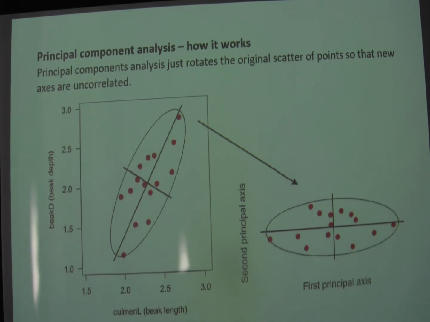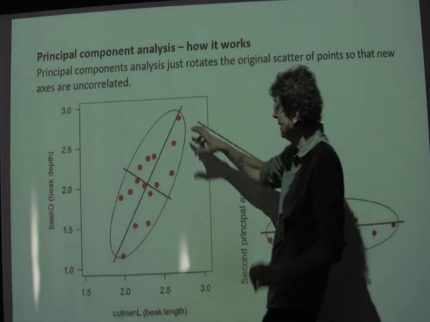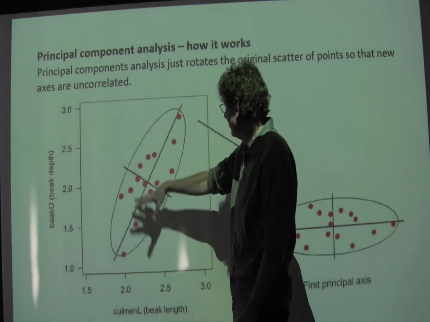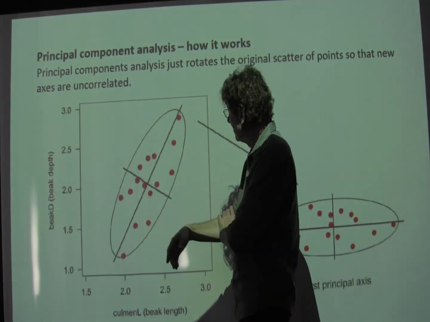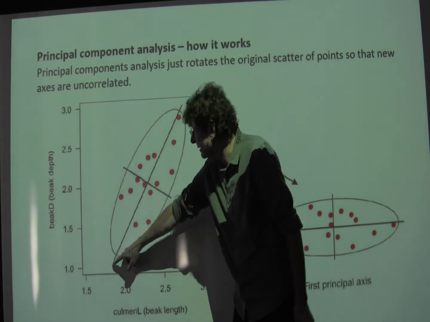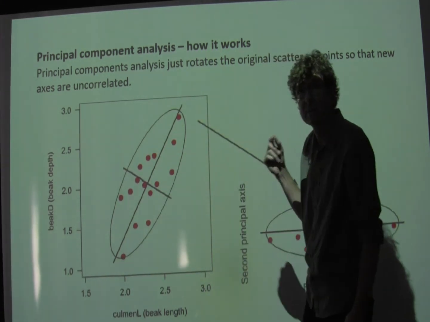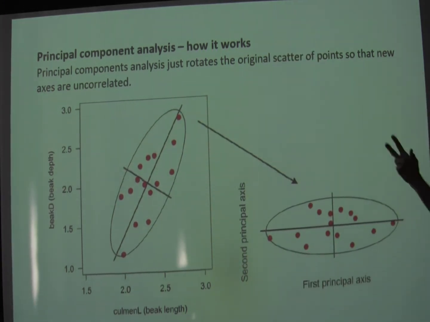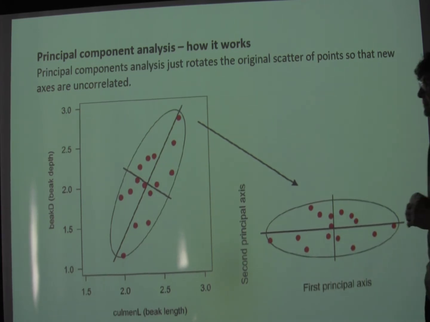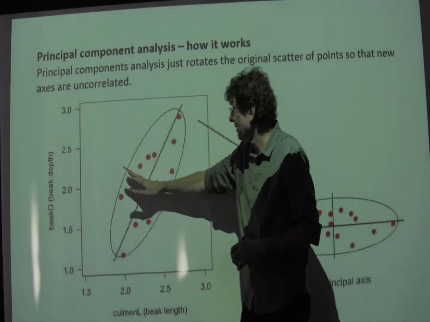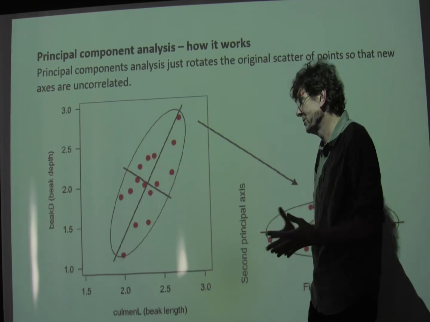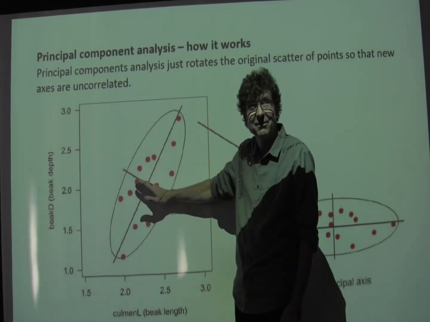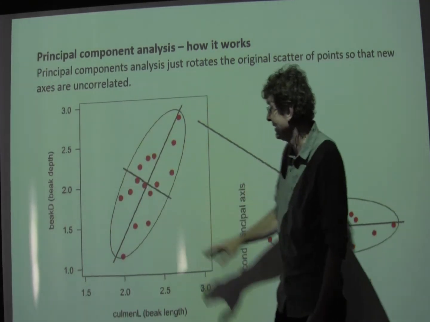In the case of 2 dimensions, you can draw an ellipse around these 14 species. The first principal component is basically just the long axis of that ellipse. So that's what is meant by the most variable direction. And the second most variable direction in the case of 2 dimensions is the only dimension left, which is the one that's perpendicular to it here.